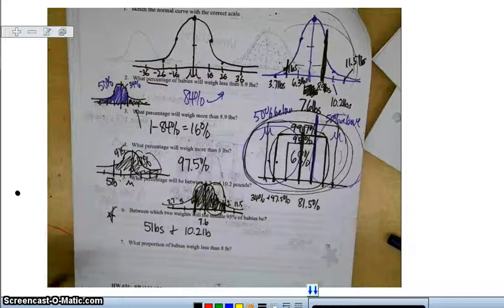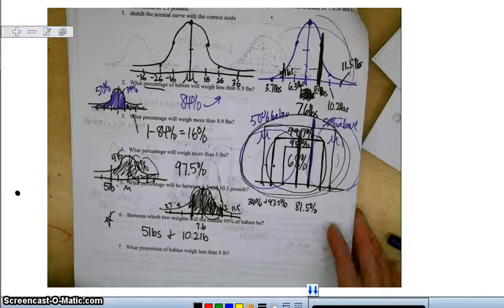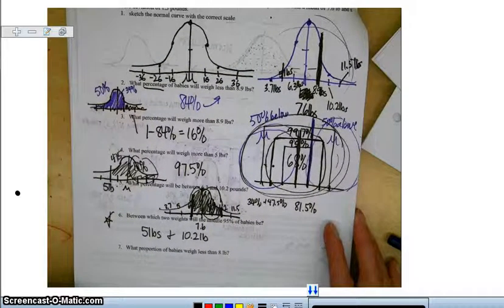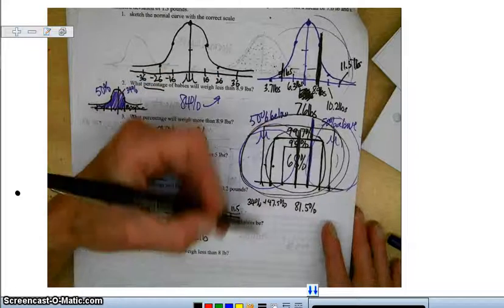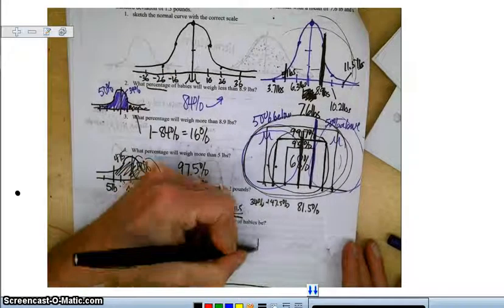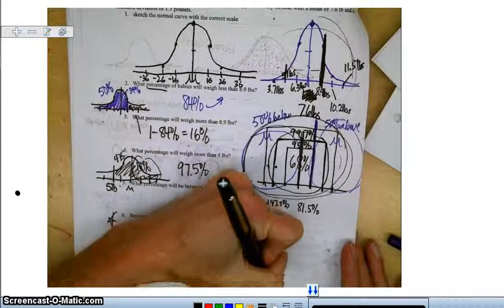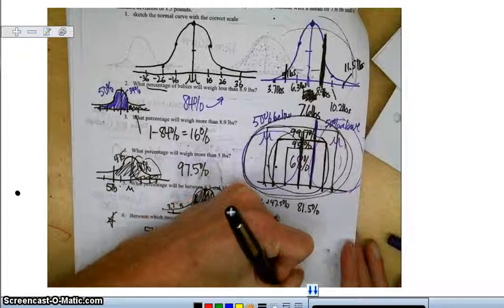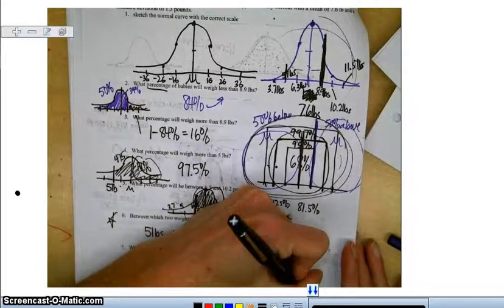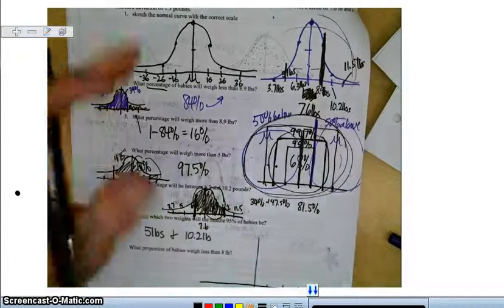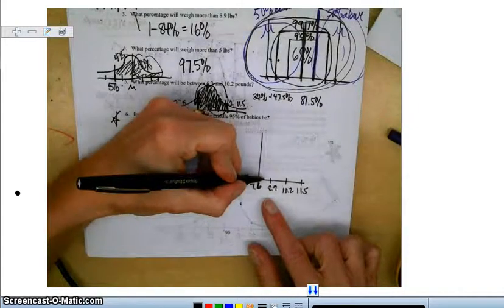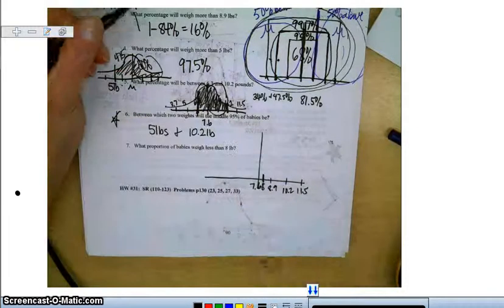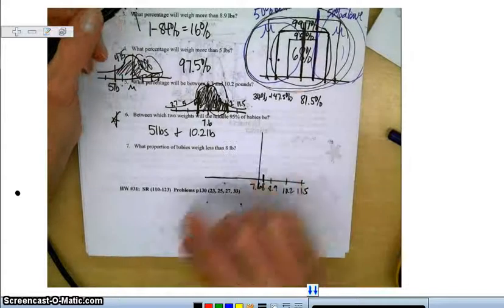Well, 8 pounds is kind of a weird thing because 8 pounds isn't actually one of these marks. In fact, if you look at the marks again, here is 7.6, here's 8.9, here's 10.2, here's 11.5. We're just going to look up above here for now. And 8 is somewhere right here. 8 isn't on one of these standard deviation marks.